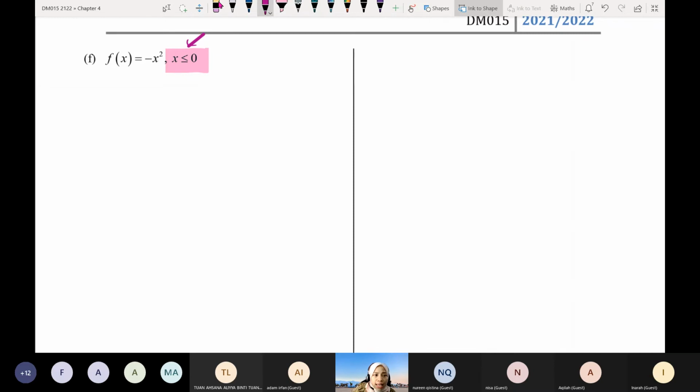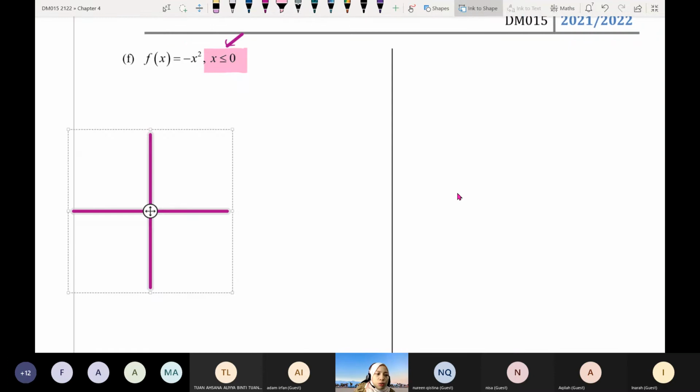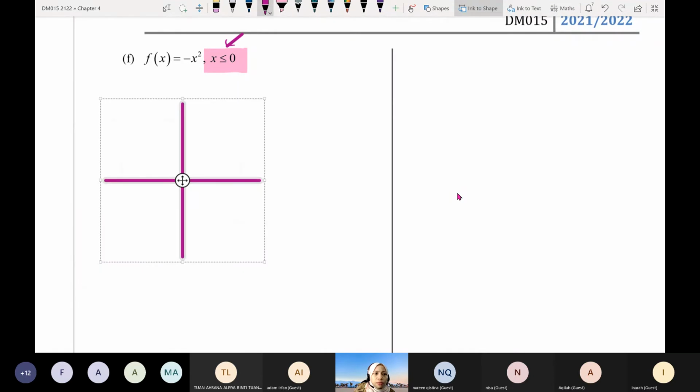Alright, let's sketch negative x square. Okay, ini semua orang tahulah, kita skip je step yang berjela tu tadi. Sebabnya kita dah familiar dah negative x square bentuk dia macam mana, betul tak? Adakah semua orang familiar? Familiar. So, bentuk dia begini. Okay, alright.